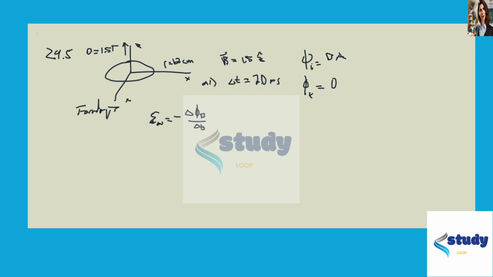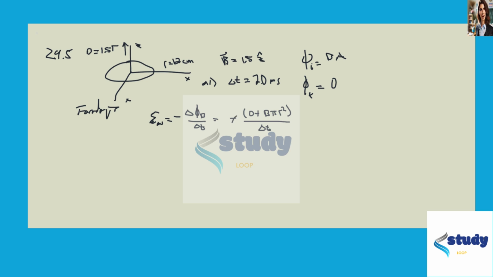So if we're looking for the change in flux, this is the final minus the initial, so that's given as negative, and then we have final, which is 0, minus B times pi r squared, all over delta T. Okay, so awesome. Let's calculate this out.